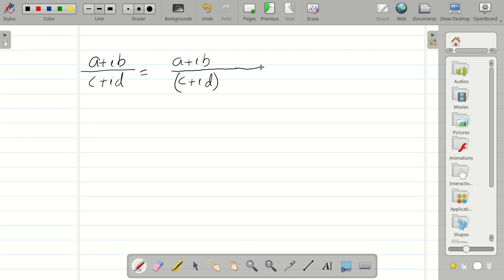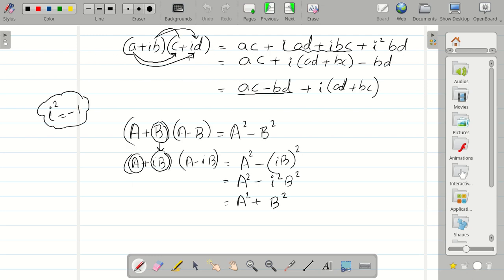Yeah, the easiest method is you just multiply by the complex conjugate. So basically you end up with c minus id. Now look at the denominator. Didn't we just derive something for a plus ib into a minus ib?